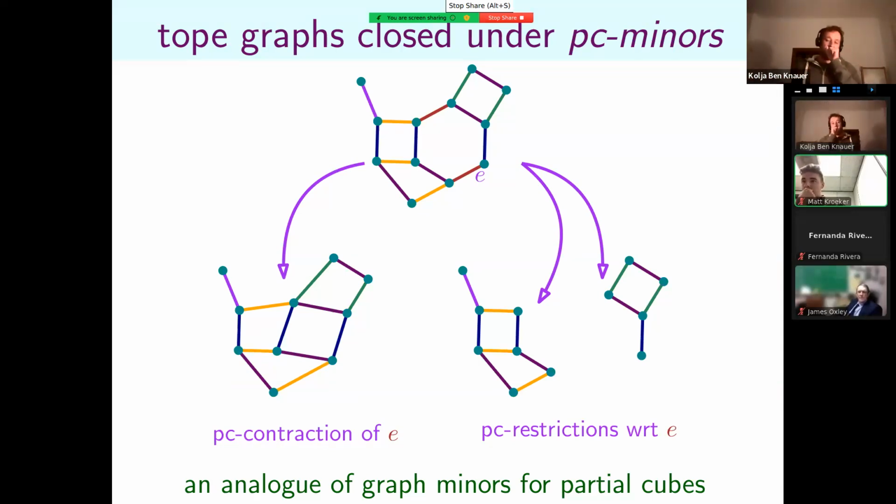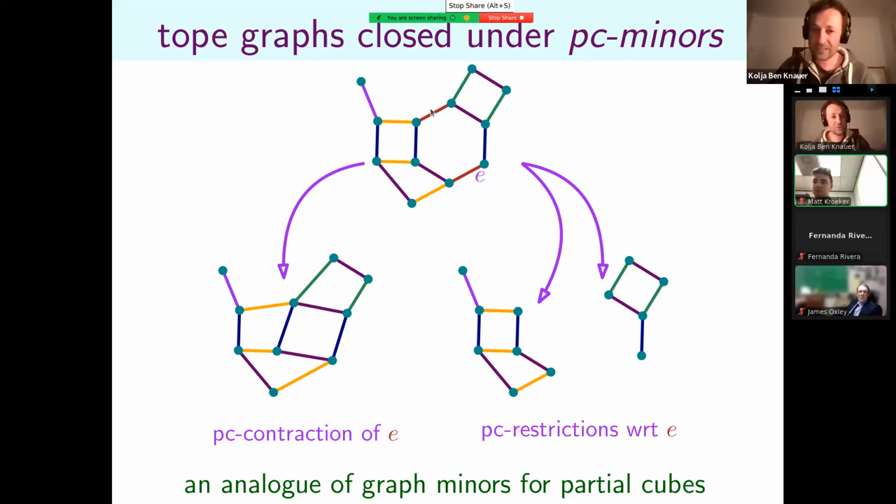The thing is that partial cubes, and also tope graphs of COMs, are closed under an operation called PC minors, partial cube minors. And what are these? Well, I already insisted that in a partial cube I have this edge coloring with the theta classes. If I take one of these edge classes, there are two things that I can do.